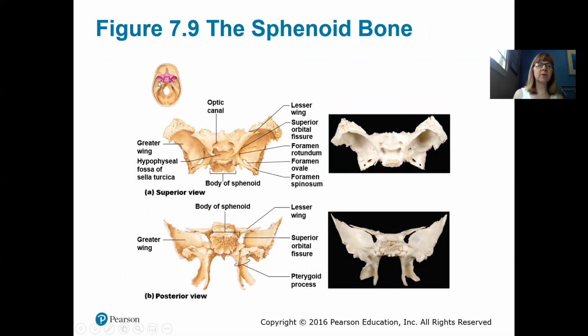Back here is the occipital bone, over here is the parietal bone. So you can see how everything connects up with the sphenoid bone. It's basically holding all of those bones together. It interlocks. It becomes that keystone bone, locking from above and below.